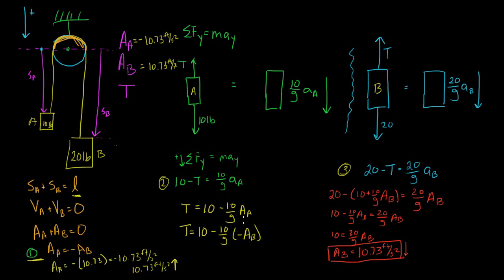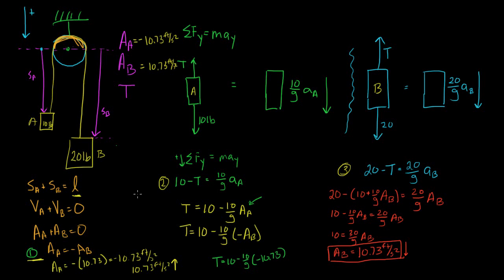And what is tension? Well, right in here we can plug in our answer for the acceleration of A, and we can get the tension is equal to 10 minus 10 over g times minus 10.73.